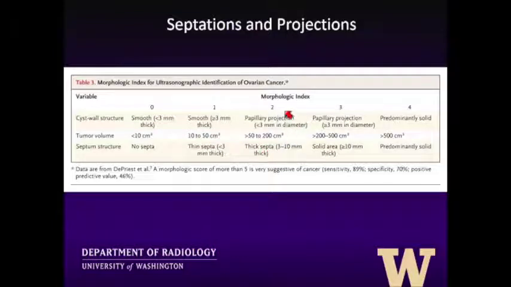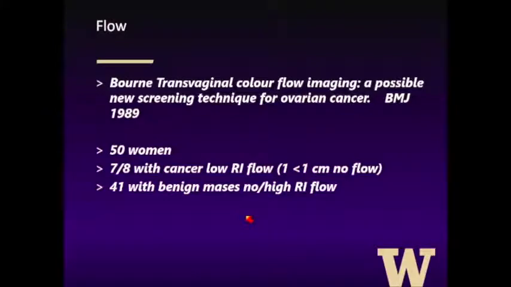And you notice that you have to start getting pretty large before you get higher in the score here. So I think all of us here are very familiar with this gradient, if you will, of how suspicious a lesion is based on size and particularly based on papillary projections. Papillary projections are more worrisome than septations in general.